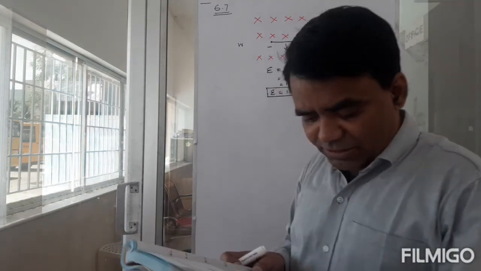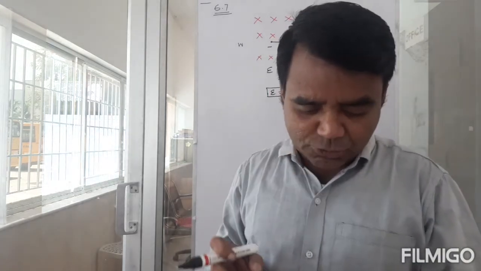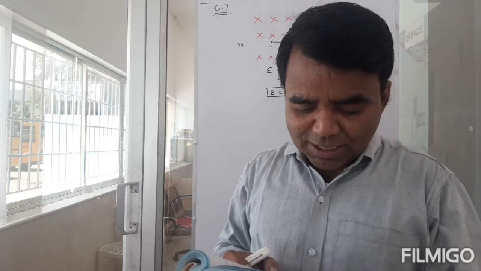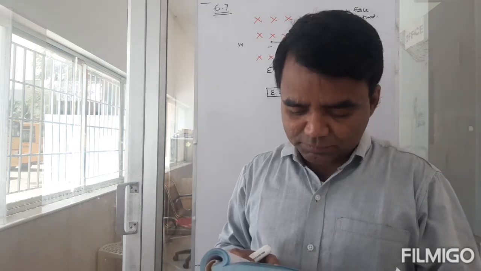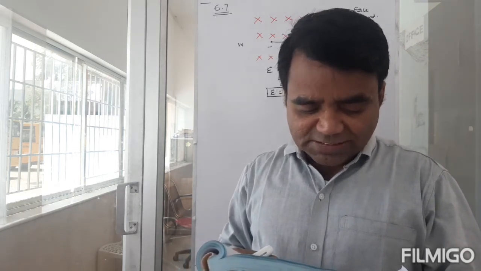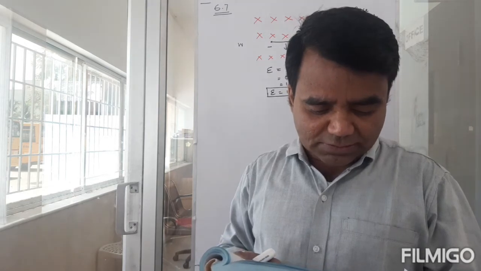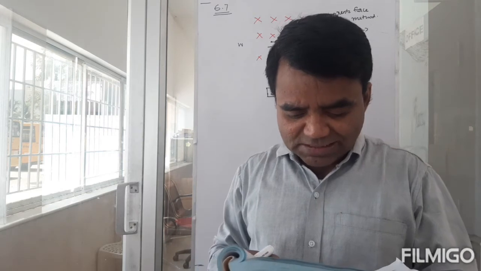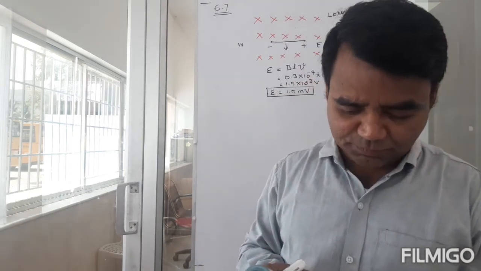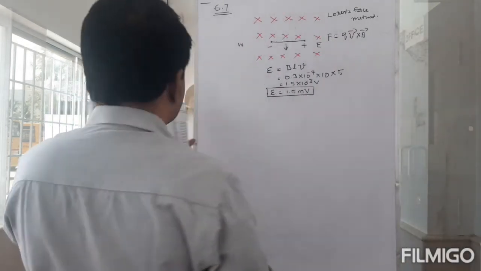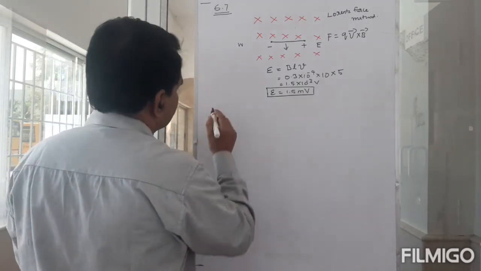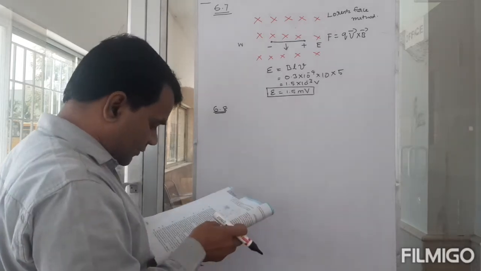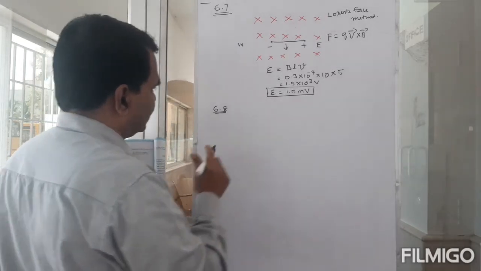6.8. Current in a circuit falls from 5 amperes to 0 amperes in 0.1 second. If an average EMF of 200 volt is induced, give an estimate of the self-inductance of the circuit. Okay, so now we're talking about self-inductance, right? So what is given? The current is falling.